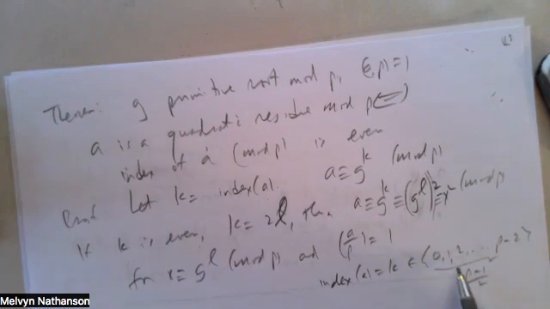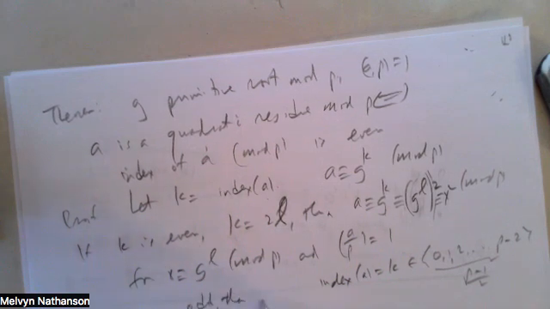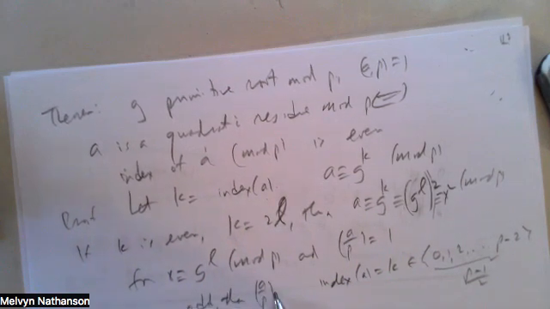Half of them are even, so there are P minus 1 over 2 even numbers. And there are only P minus 1 over 2 quadratic residues. So if K is odd, then A over P is minus 1. So the index of a number mod P determines whether or not it's a quadratic residue.